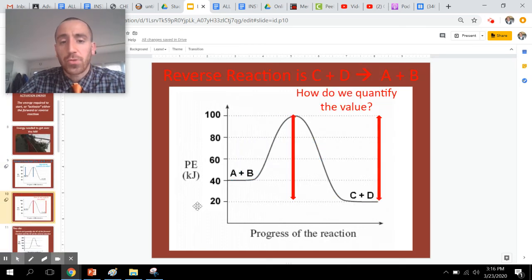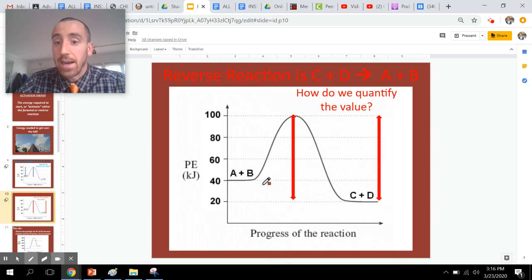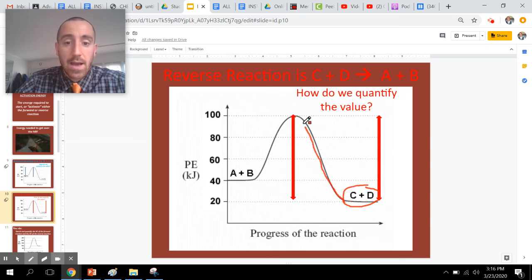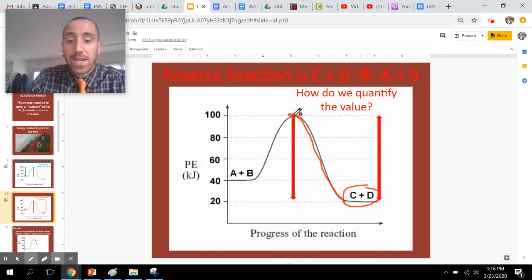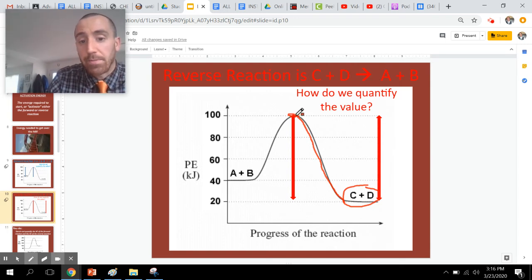And then the same holds true for the reverse reaction. Now with the reverse reaction, instead of going from left to right, we're going to be going from right to left. For the reverse reaction, if I want to turn my products back into reactants, now I have a bigger hill to climb. So how many kilojoules of energy do I need to get over the top of that hump?